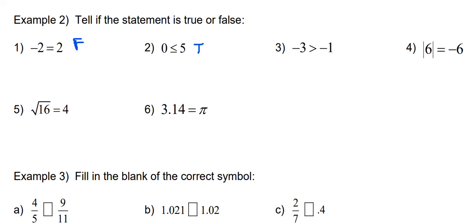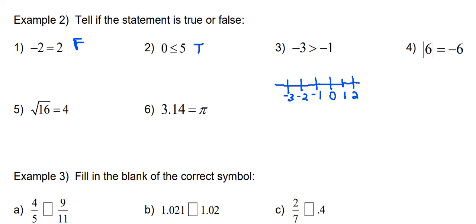Okay, for number 3, -3 is greater than -1. Well, if you're not sure about that, you can always think about the number line. So if we think back to the number line, we would have 0, -1, -2, -3, and so on. If we have the positive numbers, we know that the positive numbers get bigger as we go to the right.